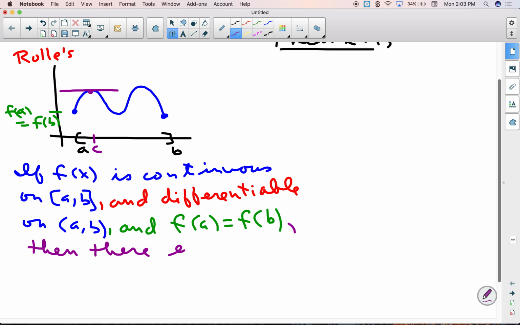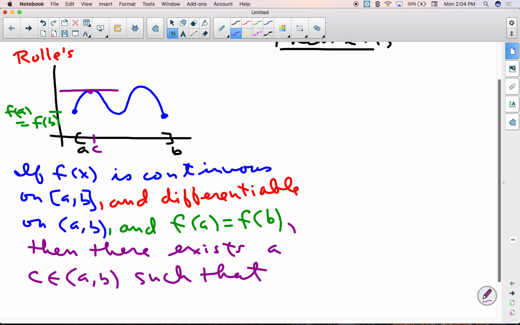Then there exists a c in the open interval such that f prime of c is 0. Now, in the drawing that we did, there's actually 3, right?